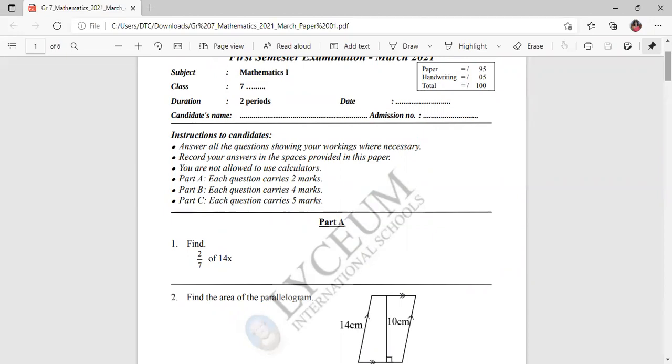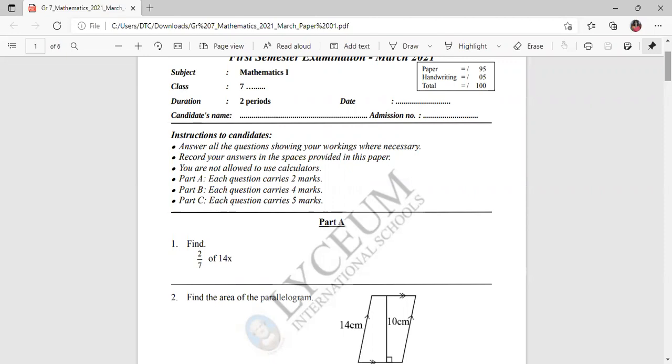In the final 3 points they have mentioned the marks allocation. For part A, you get 2 marks for each question, for part B, you get 4 marks for each question, and for part C, you get 5 marks for each question. Why do you need an idea about the marks allocation, children?